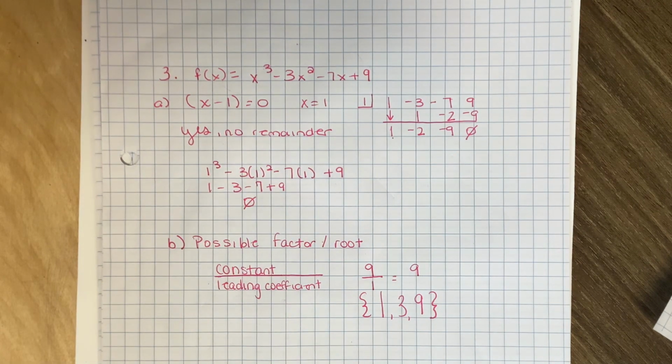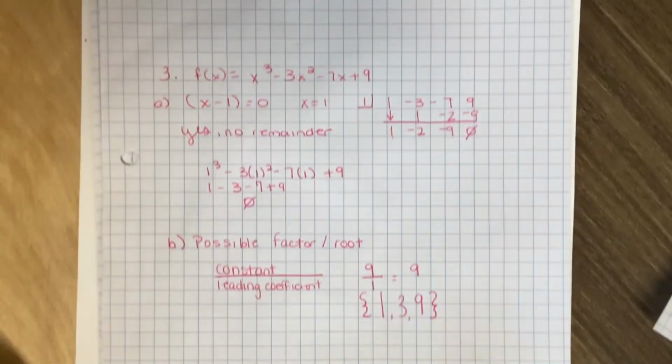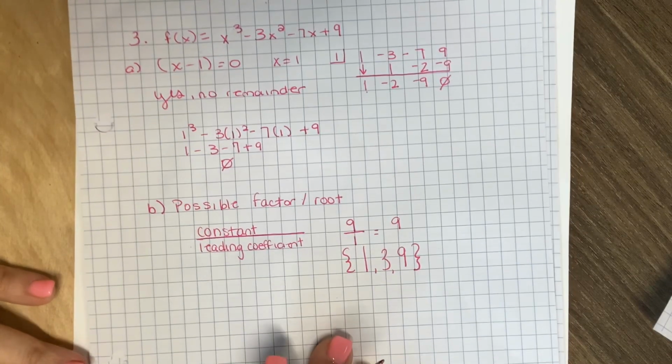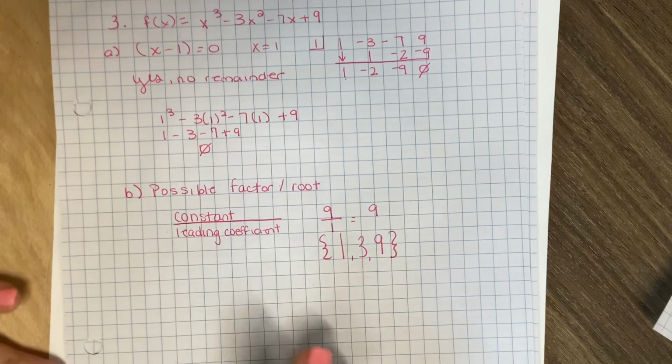I haven't checked them all. Possibly. Why do we have 7? Come again? I didn't hear you. Which was the constant, just like the number without an x? Yep.